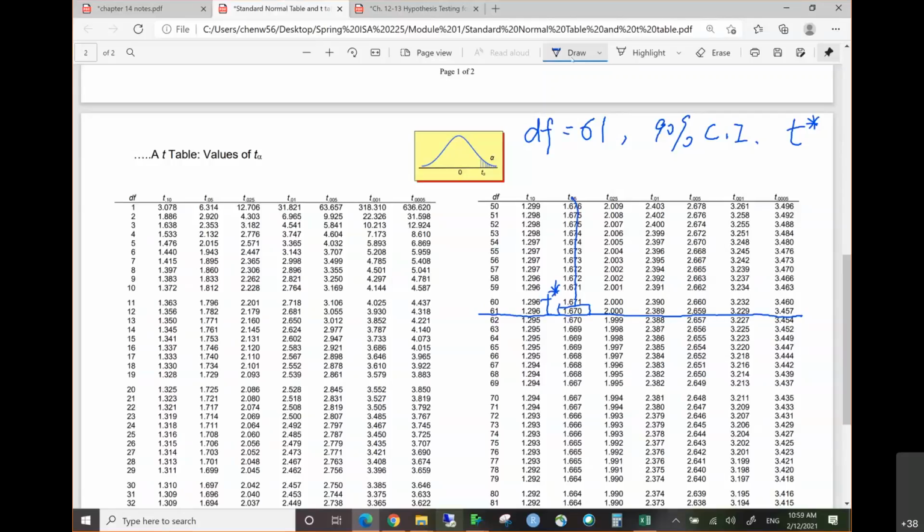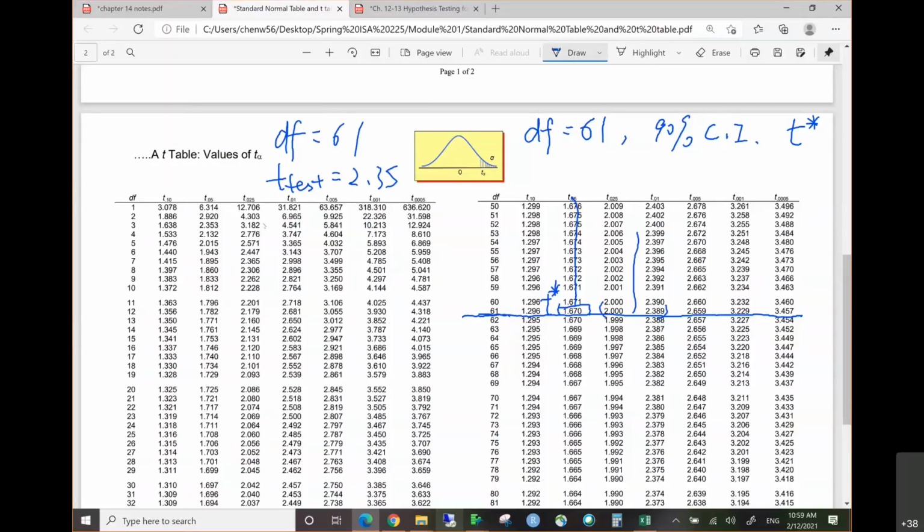Let's review a little bit. In the hypothesis test, again your degree of freedom is 61, and you have the t-test statistic equal to 2.35. How can you get the p-value? Once we have the t-test statistic, we focus on the degree of freedom line 61 and see that 2.35 is between these two.